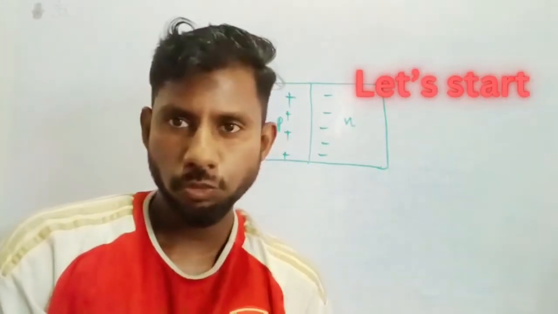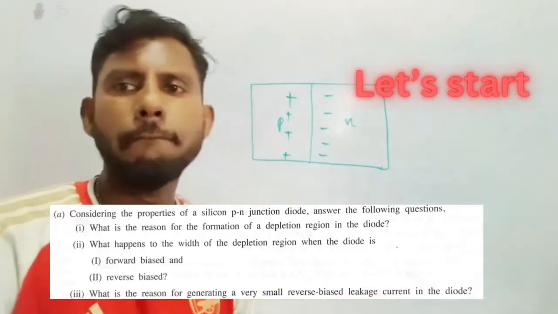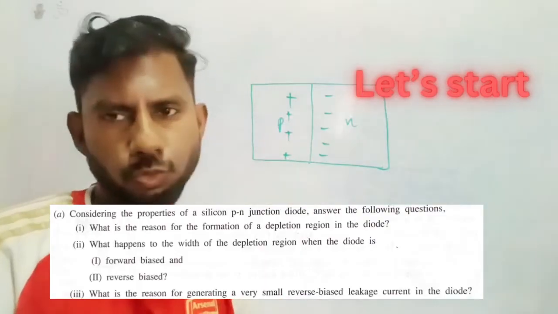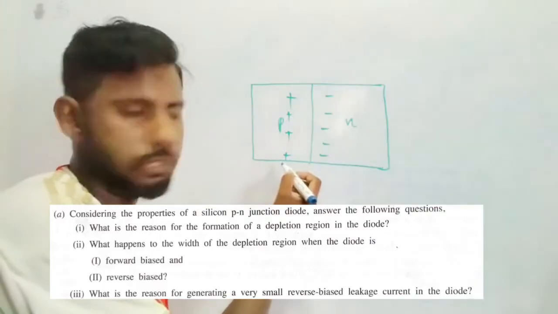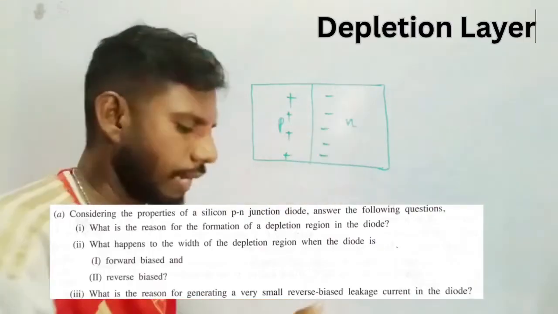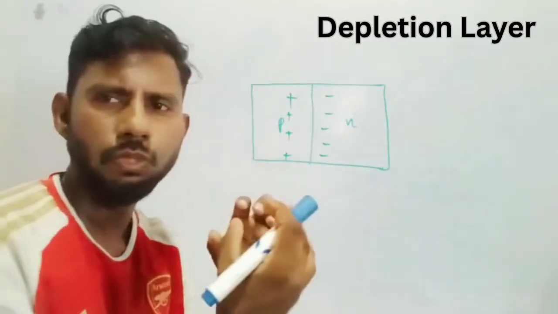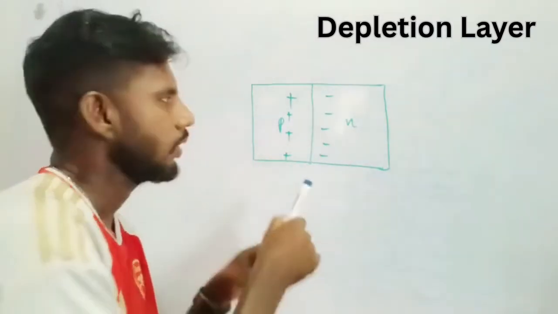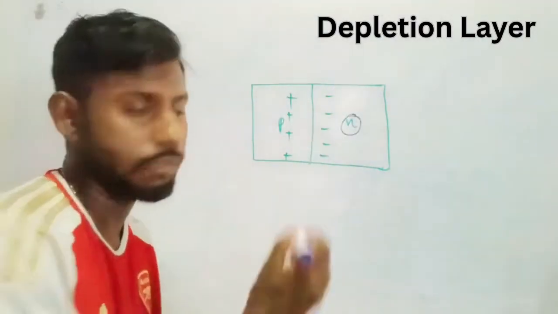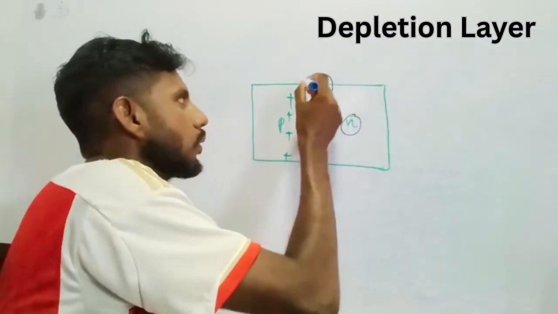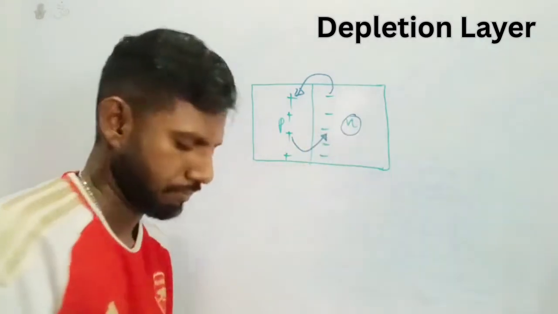In the first part of the question, they are asking us the reason for the PN junction depletion layer. Students, here we have positive, the holes, and here we have negative charge. When these two semiconductors combine, the majority carriers move: electrons move towards this direction, and holes move this direction.